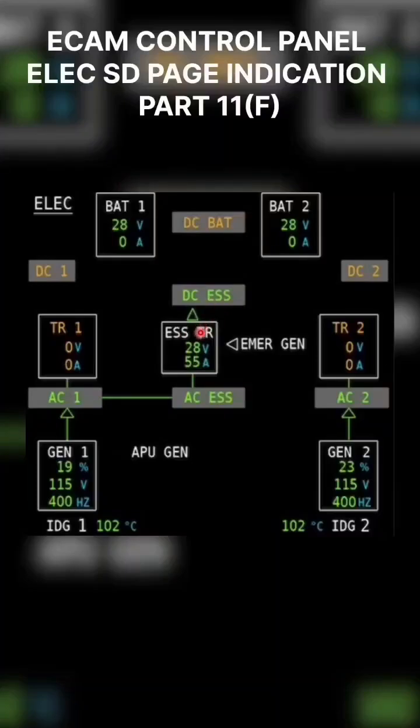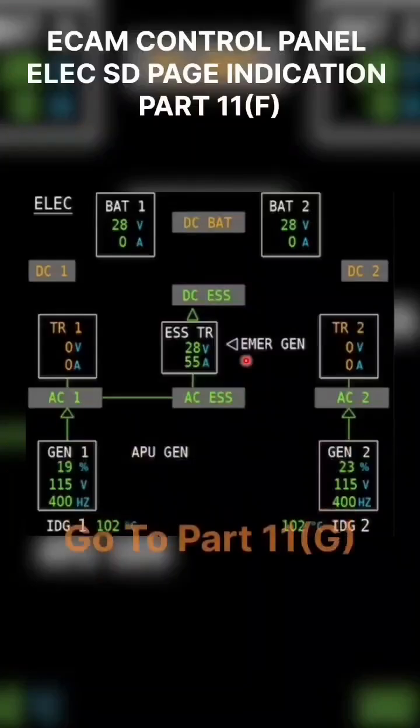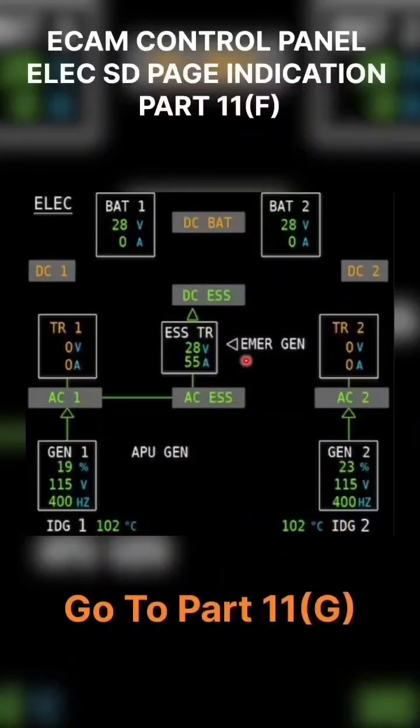So whatever essential requirement is there will be fulfilled by this. And Gen 2 will take care of AC bus 2. So the network will be like that. Gen 1 will take care of AC bus 1, AC bus 1 will take care of AC essential, AC essential will take care of the essential TR, which will take care of the DC essential, and generator 2 will give AC bus 2 supply.